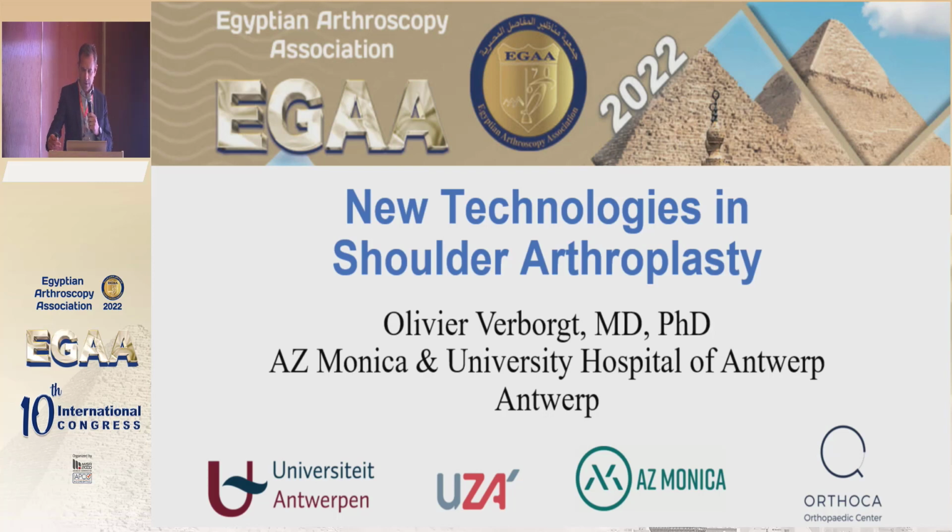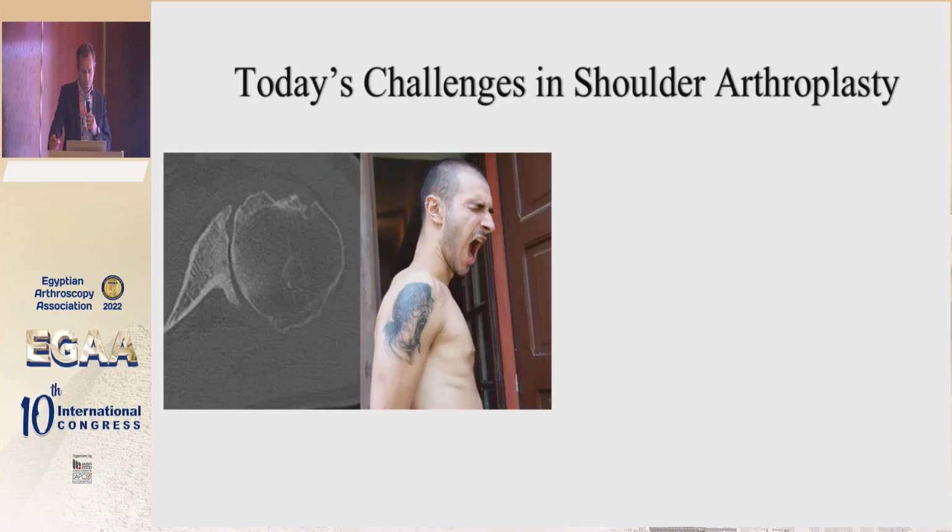So my topic today is new technologies in shoulder arthroplasty, and first of all, we have to ask ourselves the question: why do we need new technology? I think the challenges that we are facing today in arthroplasty are because we're all getting better in our surgeries. We have better implants available, and then we start to treat really difficult patients.